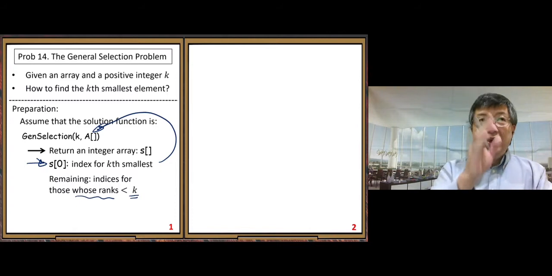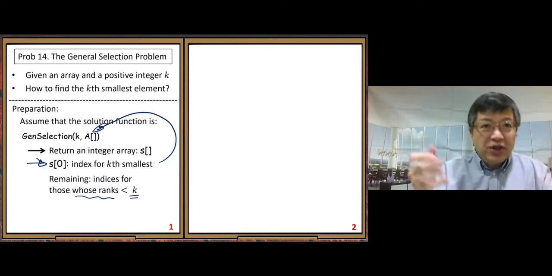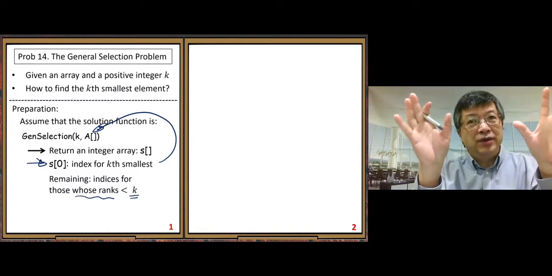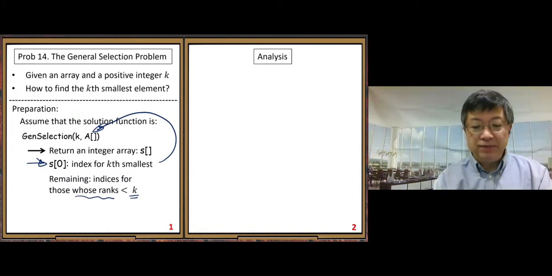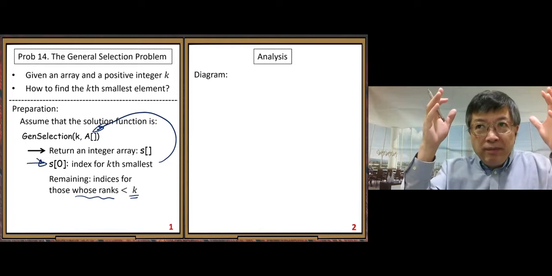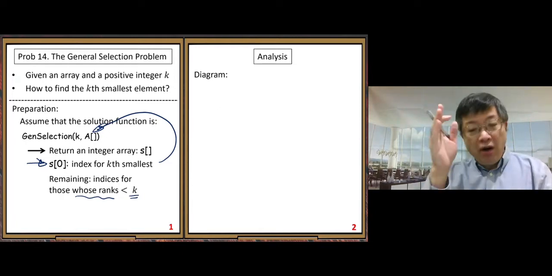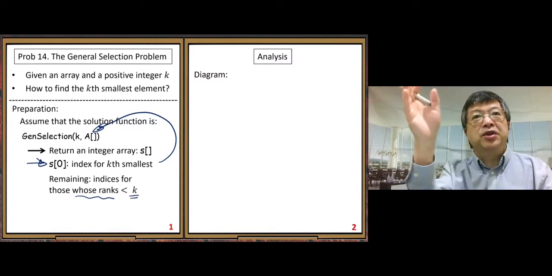All right. With this careful preparation, then we go to the next step, analysis step. Now, let's draw a diagram to get a good understanding of the problem. Our goal, find the partition element.